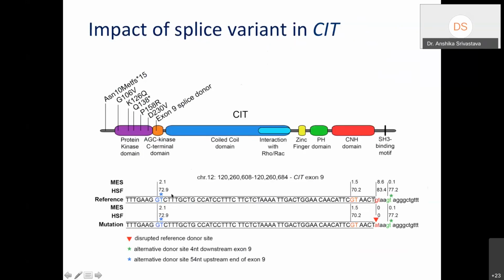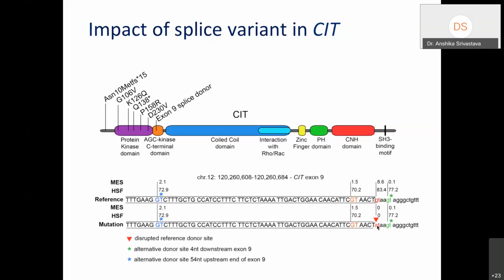The 72.9 is the score of the nucleotide, meaning that at this site it is 72% confident to have T at this region. This is the splice site. Similarly, in orange there is the splice site, and downstream, at the start of the intron, the mutation was G to A. Here it is highlighted as a disruptive donor site.